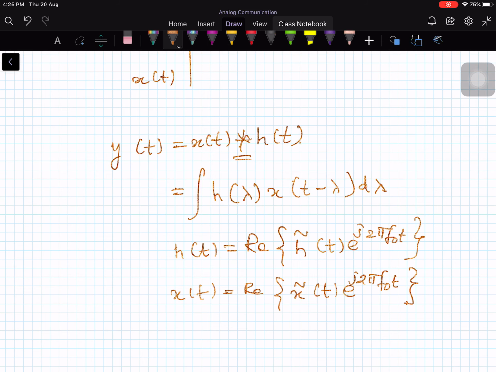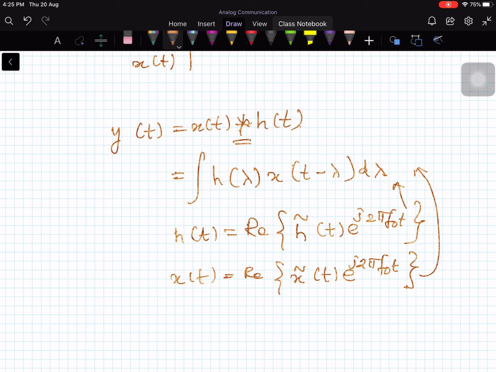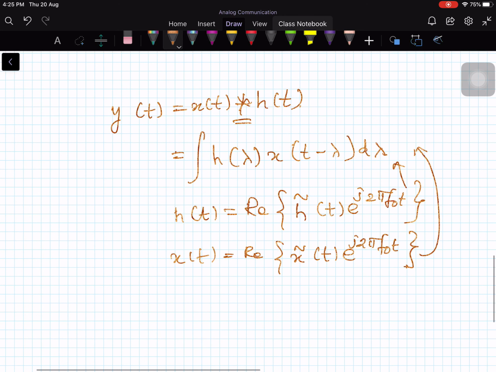Substitute these two here in this expression. Okay, let's go through this process. It is a fairly mechanical process, so please be careful. Now, how can I simplify this? Before substituting into this convolution integral, let me simplify this.